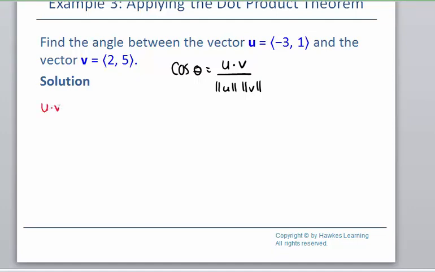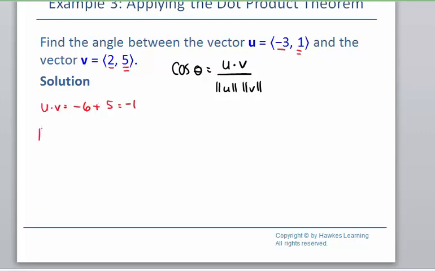Remember that means we take our first components and multiply them together. So -3 times 2 is going to give me -6. Then I take my second components, the 5 and the 1, and multiply those together. 5 times 1 is 5. And we're going to add. So my dot product is going to be -1.